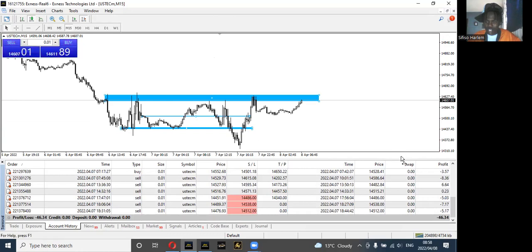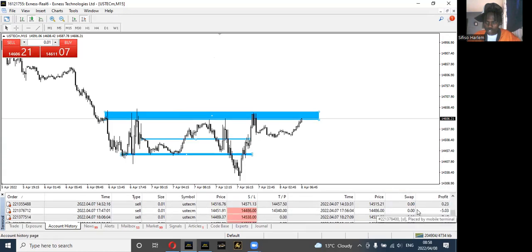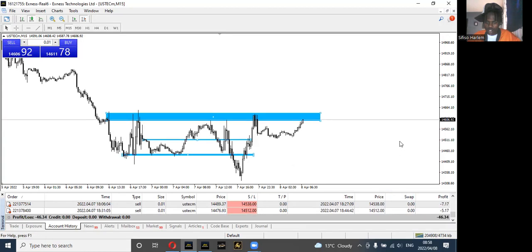I need the 3 trades to show. Was it 2? Yeah, it was 3 trades I took. So now, with the 3 trades that I took, I will explain everything.